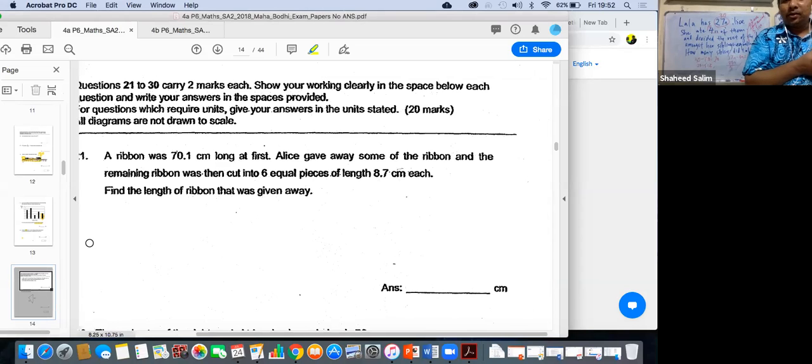Okay, the ribbon question. You try this. You should not use a calculator. If possible, don't use a calculator.